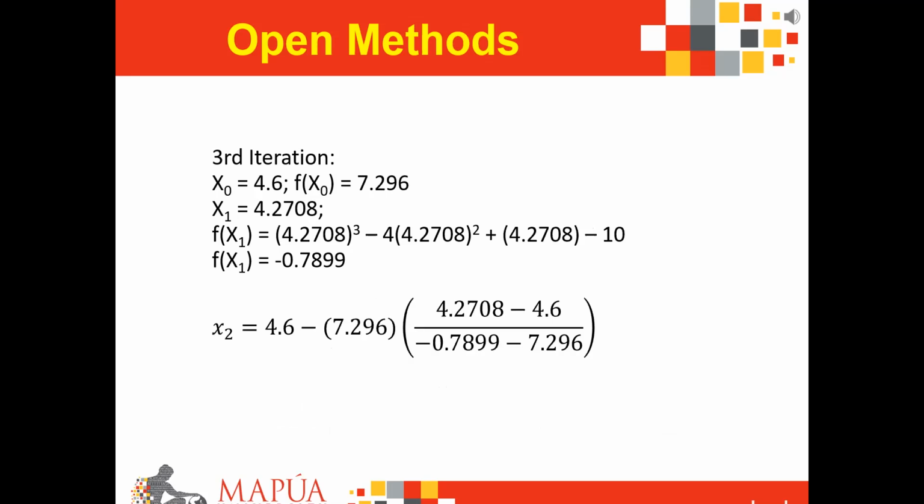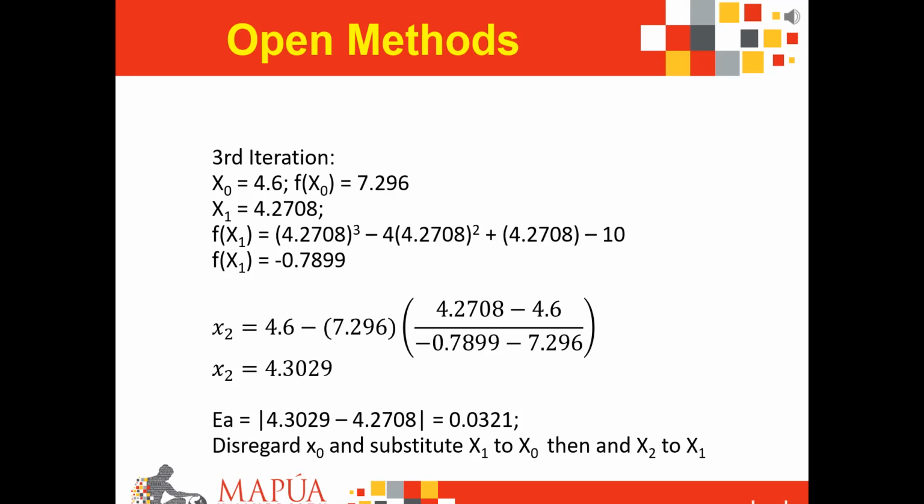Hence, your x2 would have this solution based on our initial values, giving us an x2 equal to 4.3029 and an absolute error this time equal to 0.0321. We then continue the process, disregarding x0, substituting 4.2708 to x0 and 4.3029 to x1.